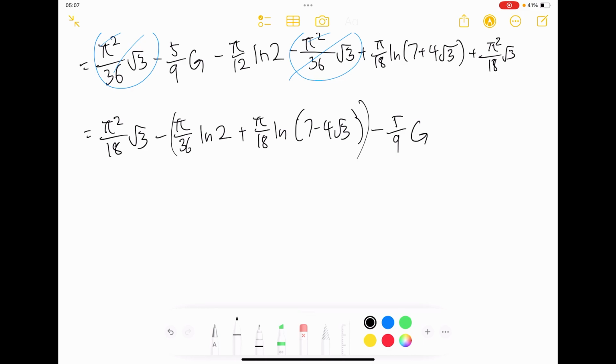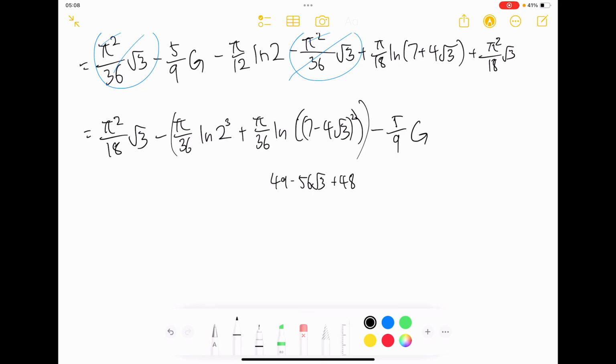Multiplying the top by 3, we're going to exponentiate the 2 by 3, because properties of logs. And the same thing we're going to do to the second term. We're going to multiply by 2 this time and square the inner bit. And squaring the inner bit, it's going to give us 49 minus 7 times 4 times 2 is 56. And 4 root 3 squared is 48.